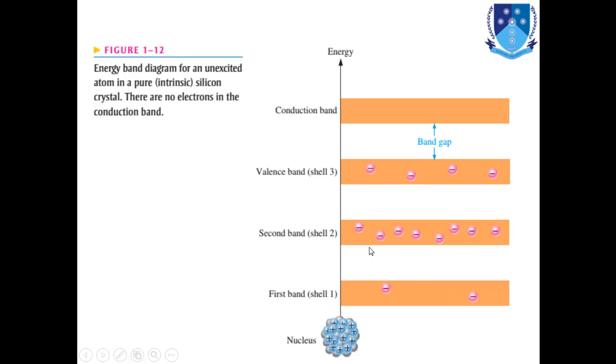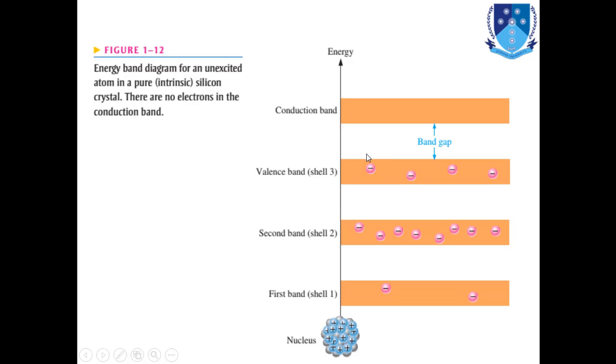In the second shell of a silicon atom there will be 8 electrons, while in the third shell or third band, which is also termed as the valence band, there are 4 electrons.